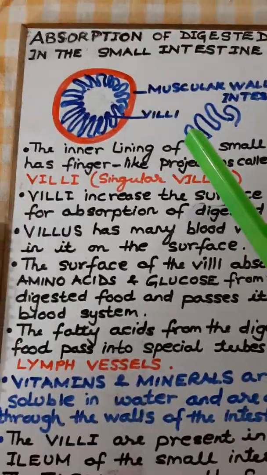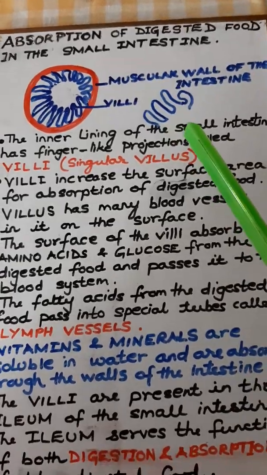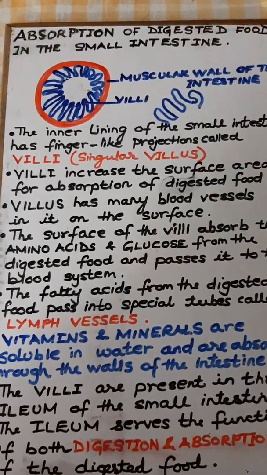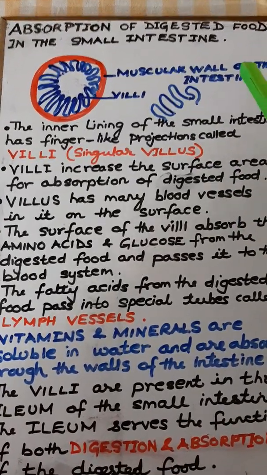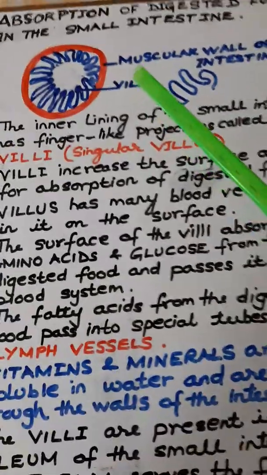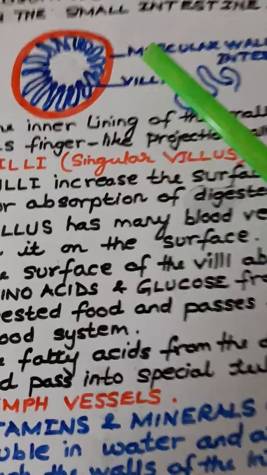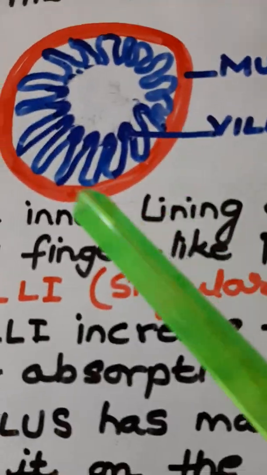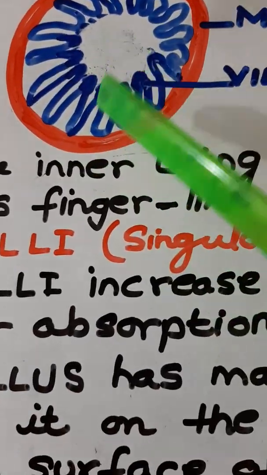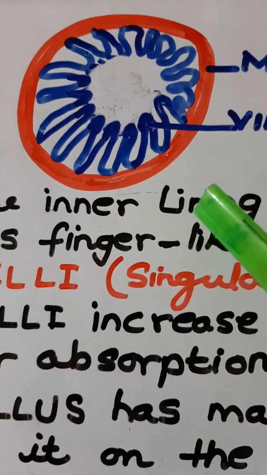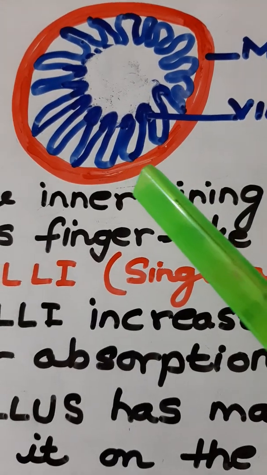Now, absorption of digested food in the small intestine. When we take a cross section of the small intestine, when it is cut, there are some finger-like projections going inside like this. Lots of them in the intestine.